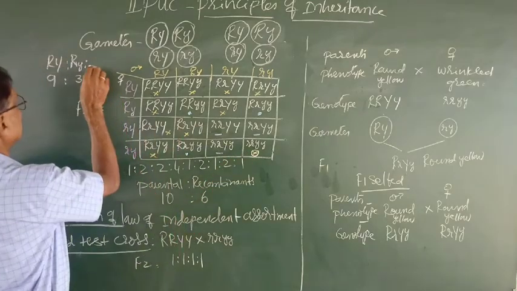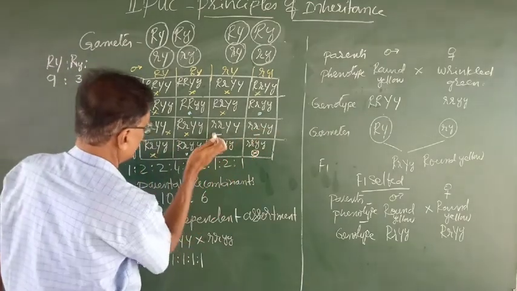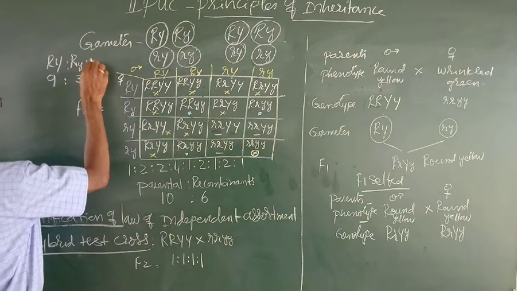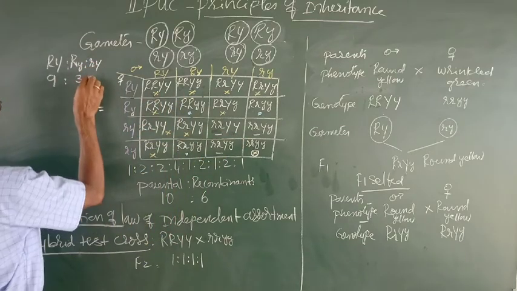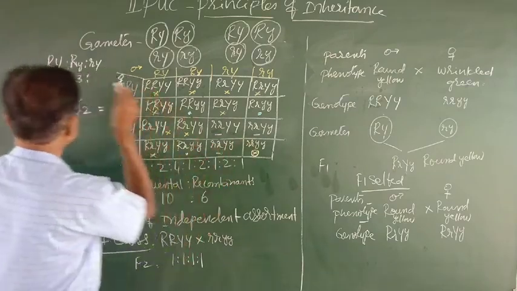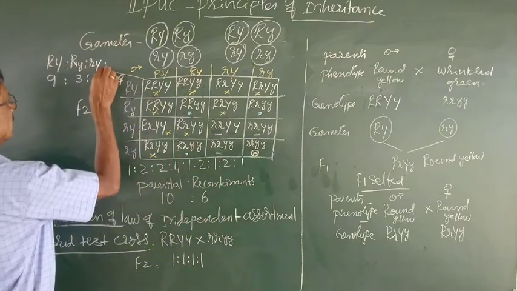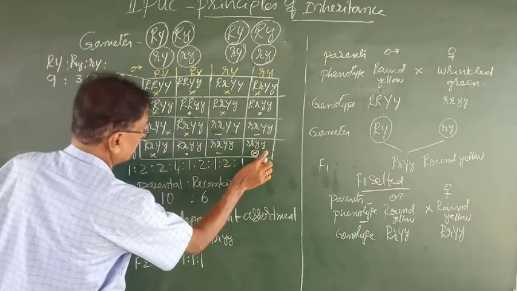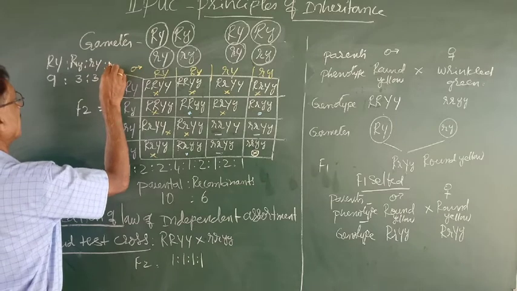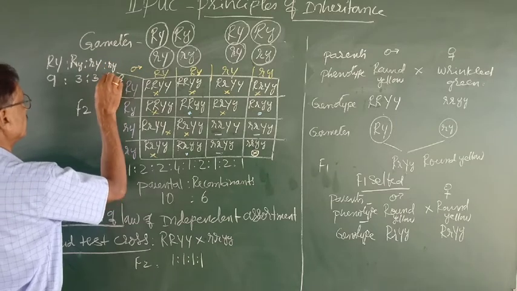And the next one is the wrinkled yellow. That is the recombinant again. How many are there? 1, 2, 3. And lastly, how many are the wrinkled green? That is small r, small y. 1.